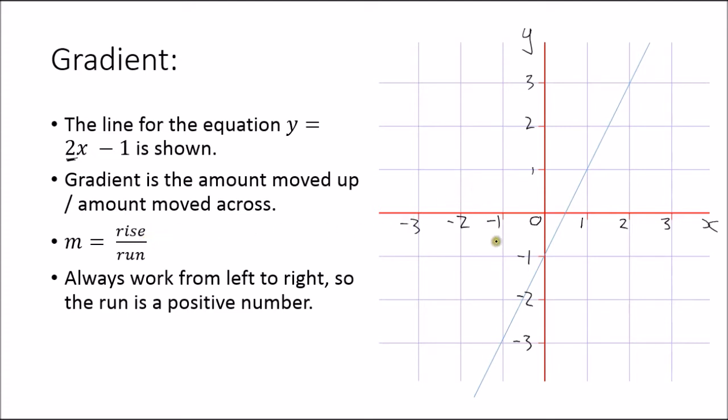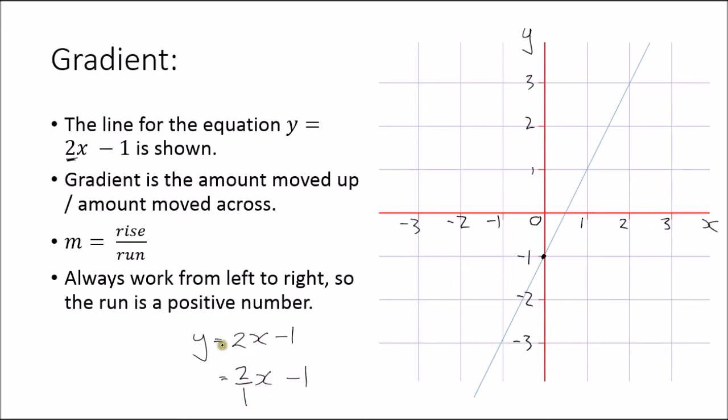So in this case, I'm just going to pick a point on the graph to start from. Any point's fine, so I'm going to pick this one here. Now if I go across 1, now actually one thing I'd like to quickly mention here as well is, remember that if you've got y equals 2x minus 1, you could rewrite the number 2 as a fraction, because remember that anything divided by 1 is itself.